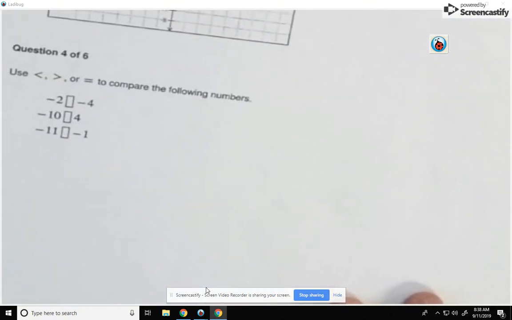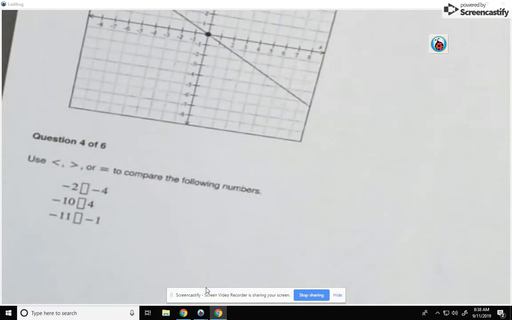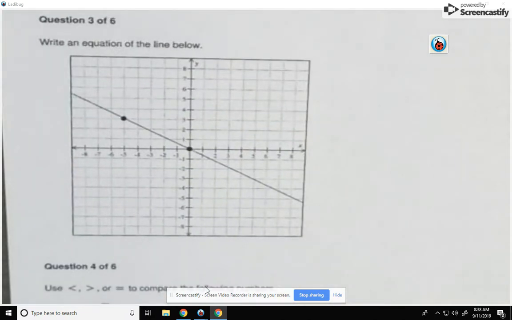Question 3. Question 3 asks us to write the equation of the line below. First off, we need to figure out our slope.